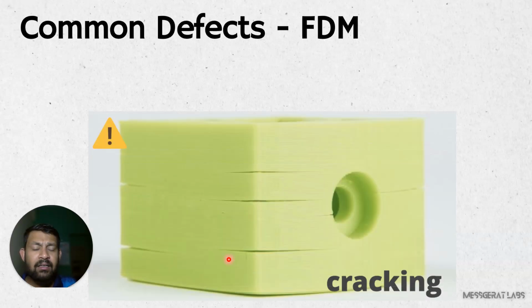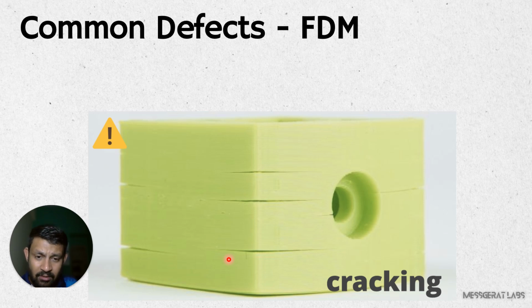Then another defect that you see on your screen is cracking. Cracking is again a form of warpage or delamination, you can say, but it happens between the layers. When two layers don't stick to each other, because of stresses they show non-adherence.